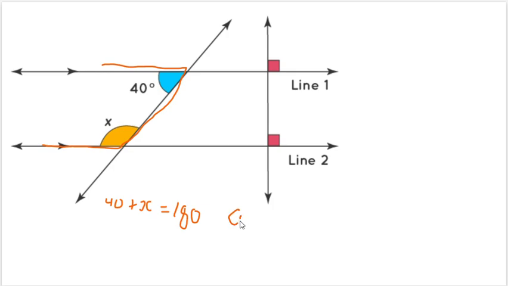So co-interior, but you don't spell interior, you just say INT, and then you say which lines are parallel. So line 1 is parallel to line 2. After that you solve for X. We get our value of X as 140.